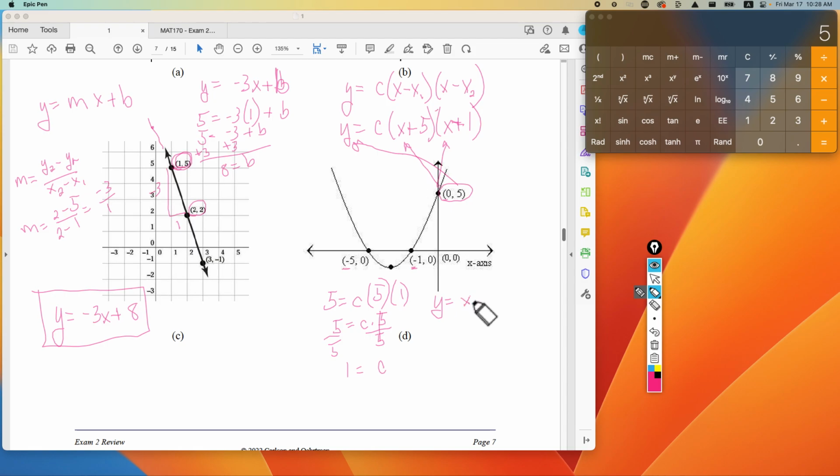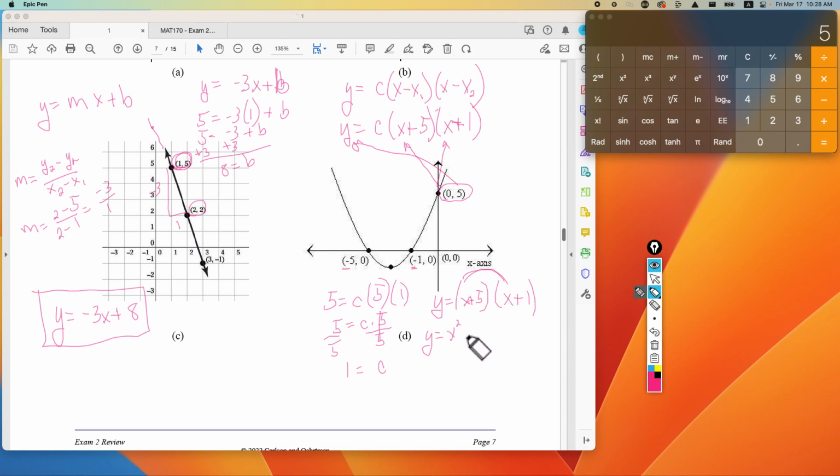We have x plus 5 times x plus 1. Now, you might not see this on a multiple choice answer. What they'll probably give you is the FOILed out version. So x times x is x squared.